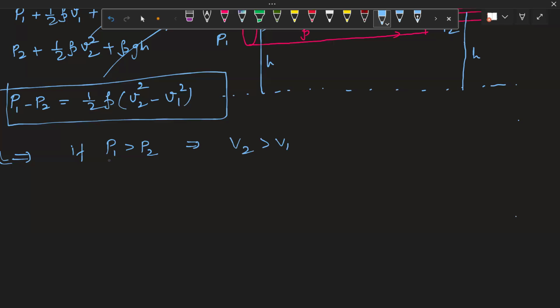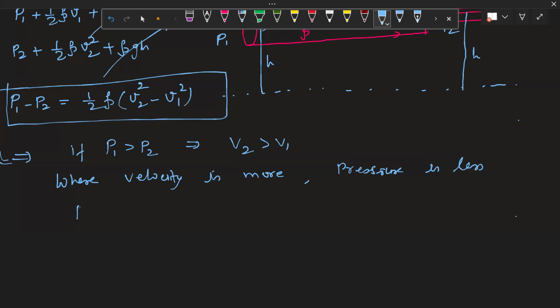So if P1 is greater than P2, then V1 is less than V2. It means that where velocity is more, the pressure is less.